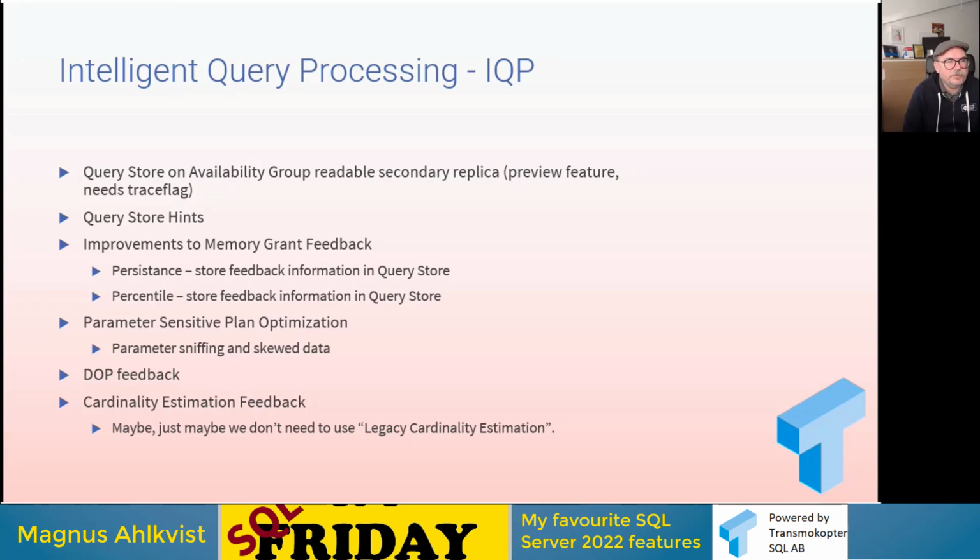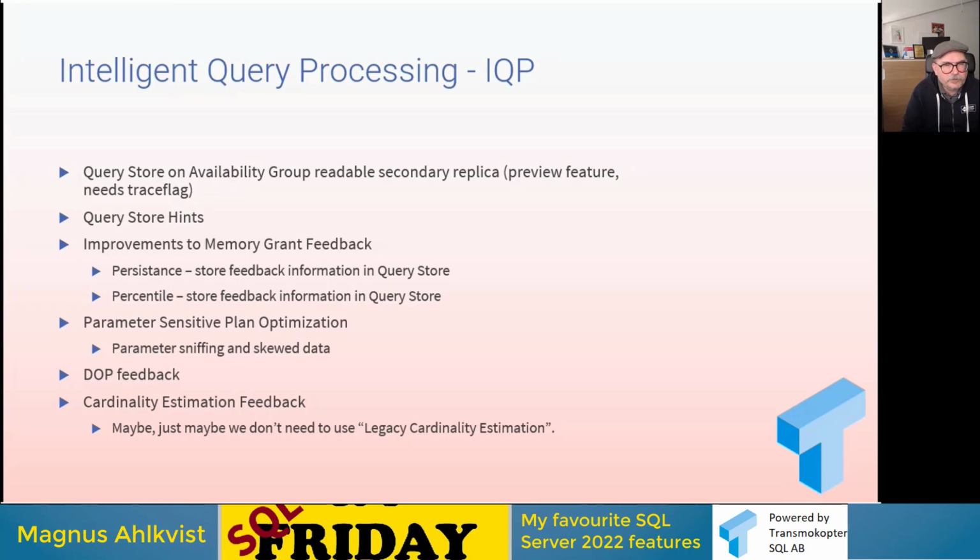And parameter sensitive plan optimization is basically going to create multiple plans for the same query and keep them, looking at the parameter values as they come in and seeing which plan fits with this parameter. So it's still parameter sniffing, and parameter sniffing is mostly good because it means you can reuse a plan, but now you get different plans for different types of parameters.